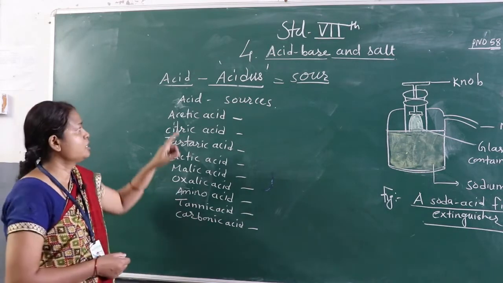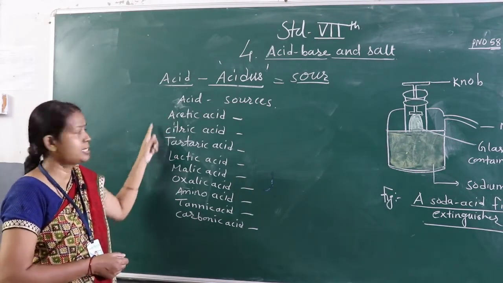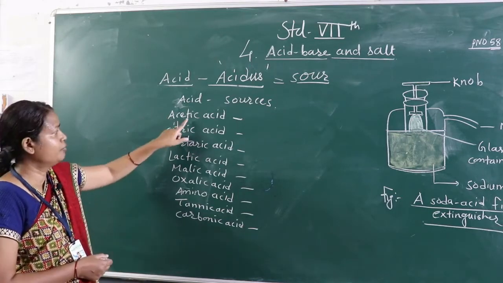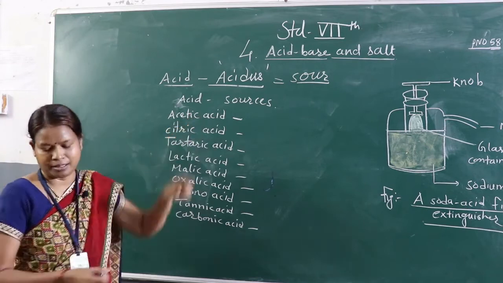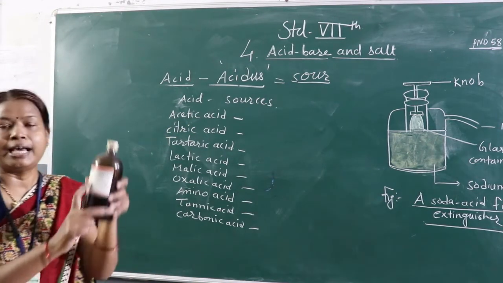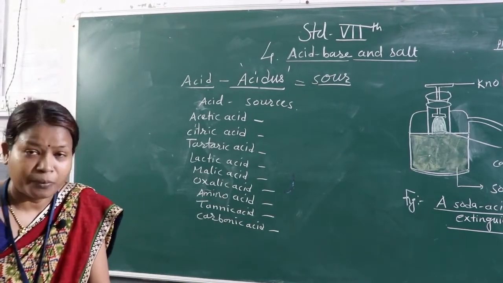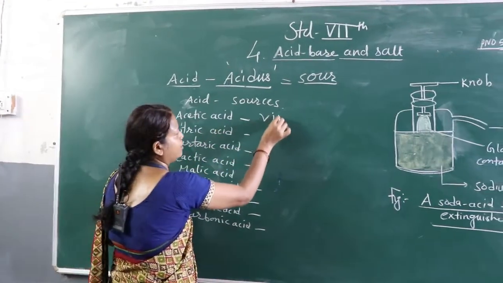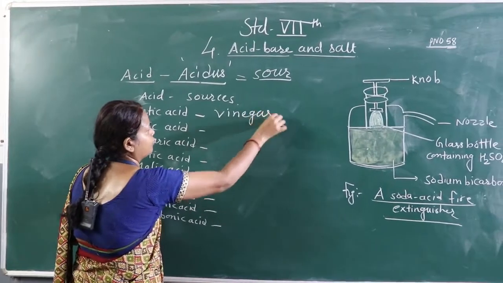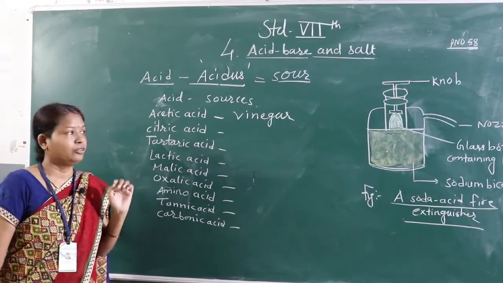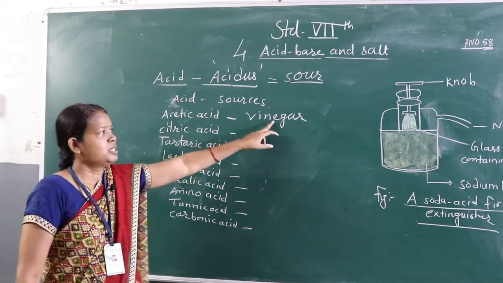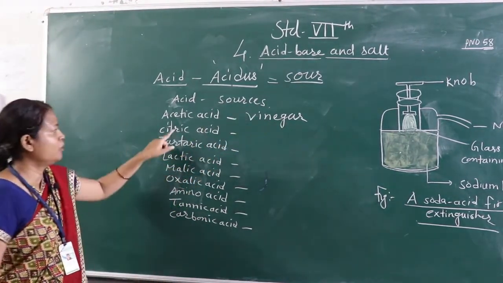For example, some common acids are written on the blackboard, and where they come from. First acid is acetic acid. Commonly at home, we call acetic acid vinegar, and you all know that Chinese food especially uses vinegar.